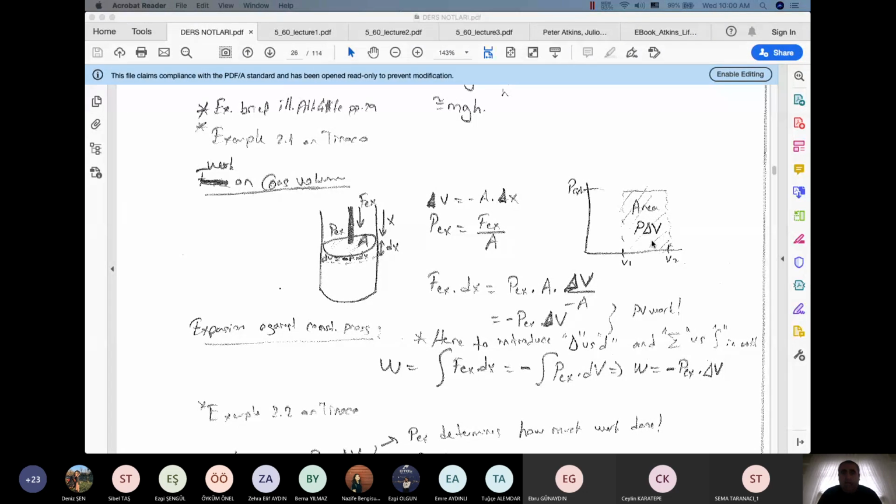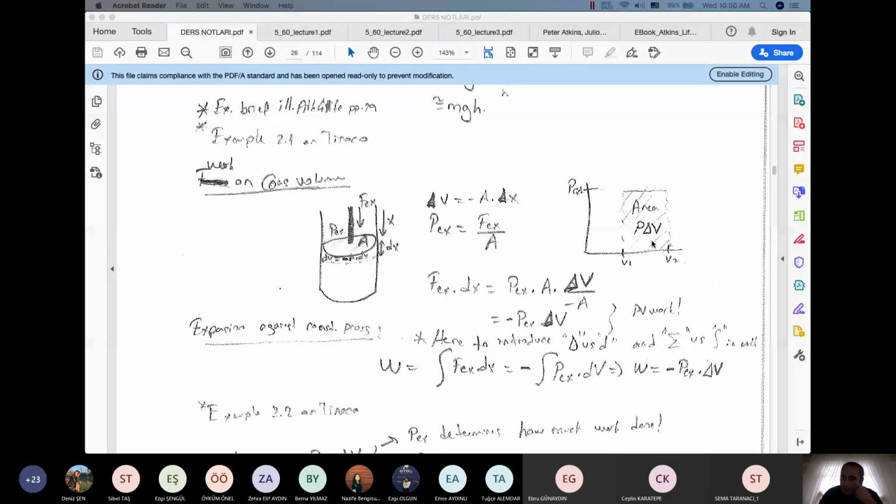And as we know from the ideal gas law, pressure times volume PV is equal to nRT, or any other equations of state like virial or van der Waals equations. PV is related to something, right?